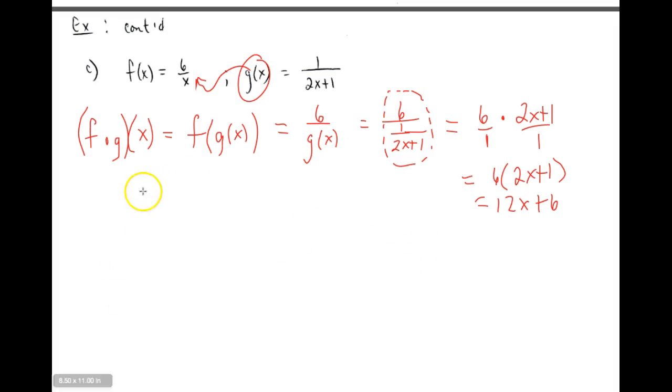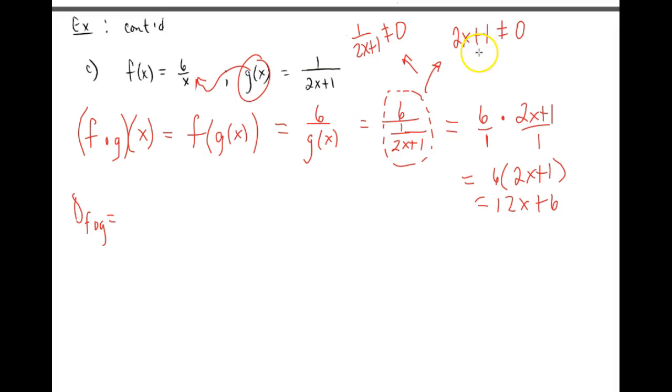Now to find the domain of this function, we see that here in the raw form, we know that 2x plus 1 is not allowed to equal 0. We also know that the entire denominator is not allowed to be 0 as well. Over here on the right, if we solve 2x plus 1 not equal to 0, we end up with x cannot equal negative 1/2.